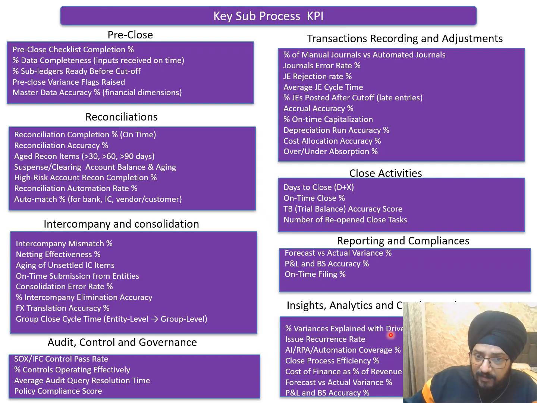So percentage of variance explained with the drivers, AI and RPA automation coverage percentage as an overall automation percentage, close process efficiency, cost of finance as a percentage of revenue, forecast versus actual variances, and the P&L and balance sheet accuracy.